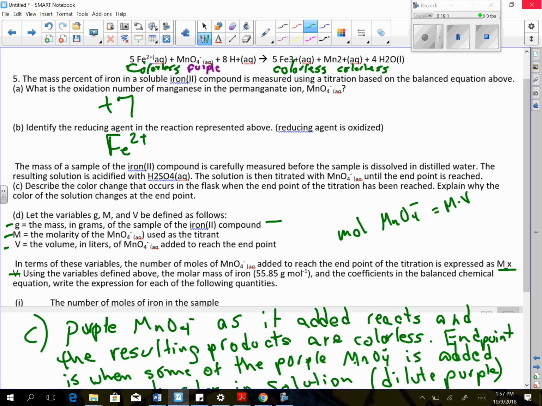So knowing that, I would like to get the number of moles of iron in the sample. If we know this, could we get to moles of iron in a sample? How would we do that?